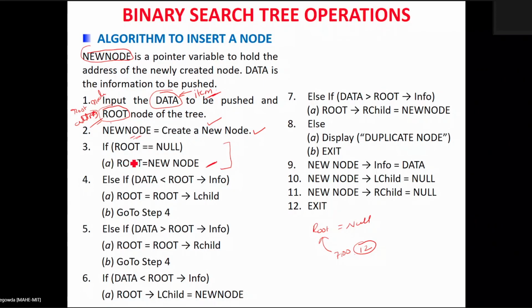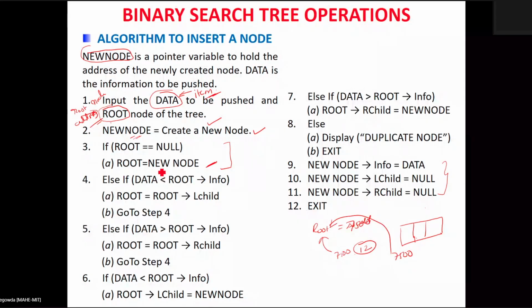Once the node is created, say its address is 7500, we have not yet added any element to it. When we see that the root is null, so the BST is empty, this new node address is assigned to the root node. So now root becomes 7500.